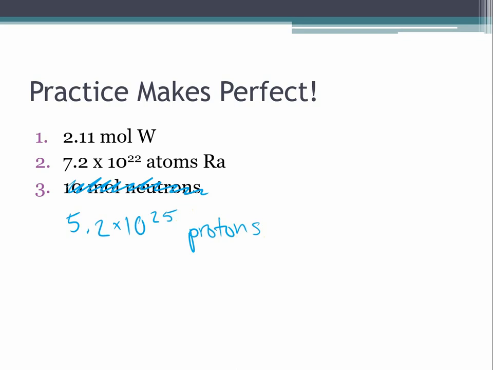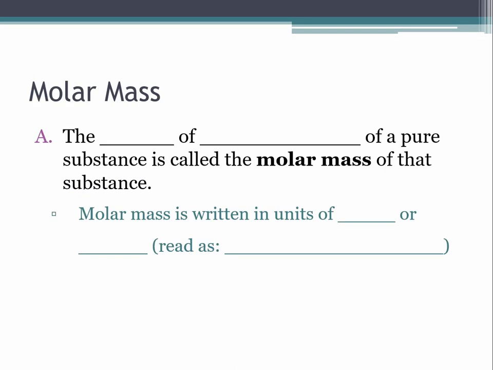We're going to learn a second conversion factor, which is molar mass. It's really creatively named. The molar mass is the mass of 1 mole of a pure substance. That's the molar mass. It is written in units of grams per mole written that way, or grams/mole written this way.